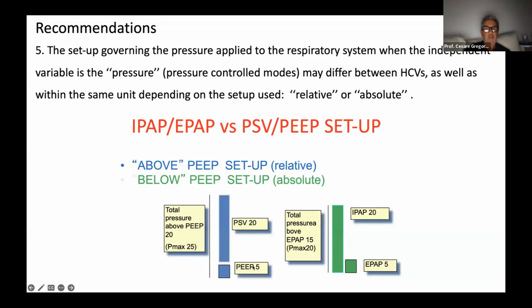In this case, I put PEEP 5 and pressure support 20, and it is a relative setup, and the total pressure is 25. If I switch to a bi-level condition, we switch from relative to absolute. That means that you apply 20 and 5, so the real pressure above EPAP, PEEP, whatever you want to name this, the baseline variable, is just 15. Please take care of this.